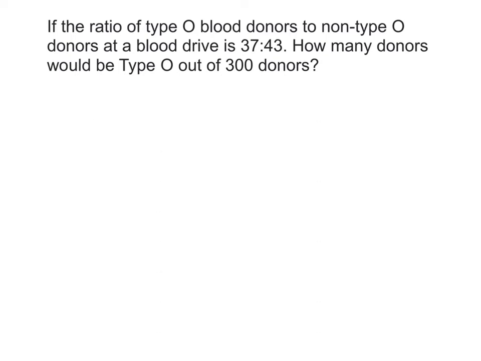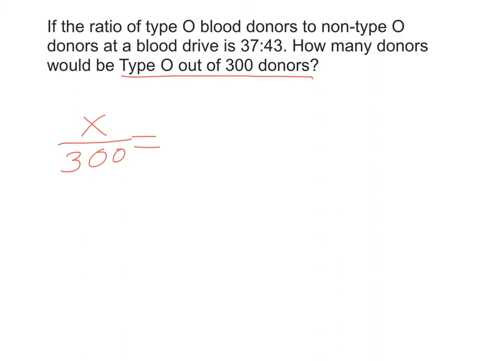Well, let's think about something. I want to know what I'm looking for. What I'm looking for is how many type O out of 300 donors. So I don't know how many type O, so I'm going to make that x over 300. But I know that there are 37 to 43.